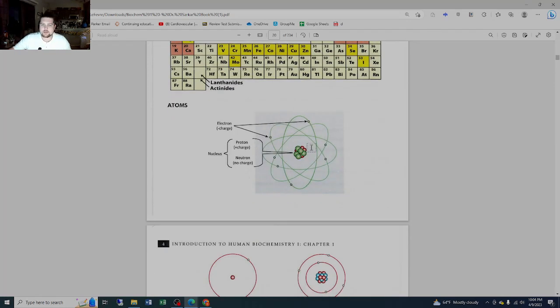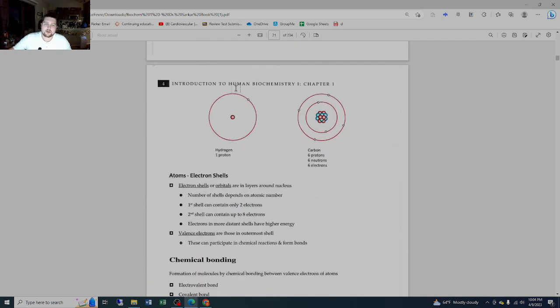Okay, now we have our atoms. We have the nucleus with the protons and neutrons, and then electrons around the outside. And we have our valence rings, as we can see here. Typically, what we want to see is that the number of protons is going to be equal to the number of electrons. That's what we want to have a balanced molecule.